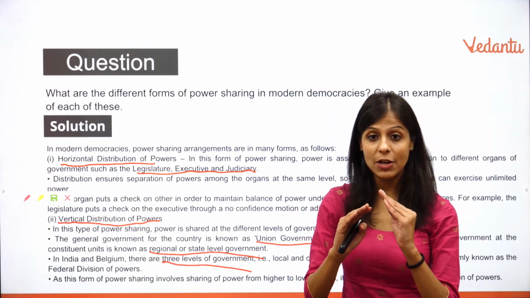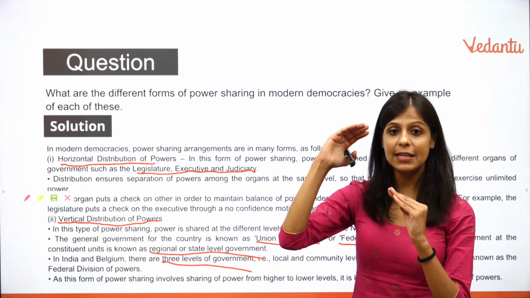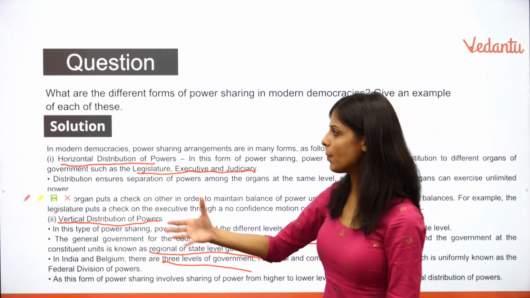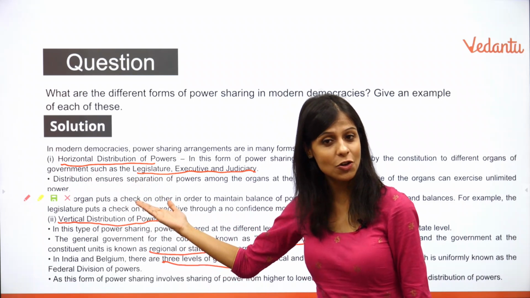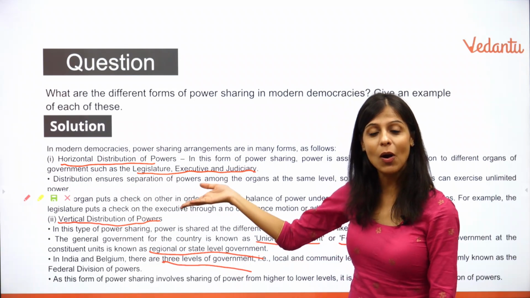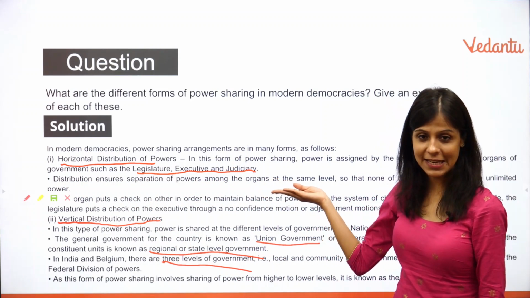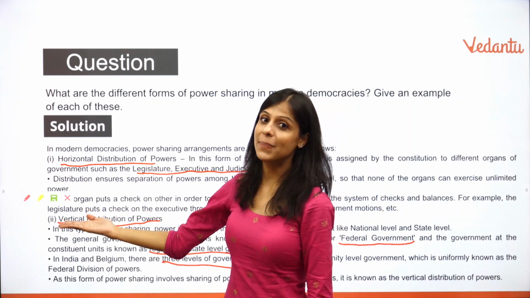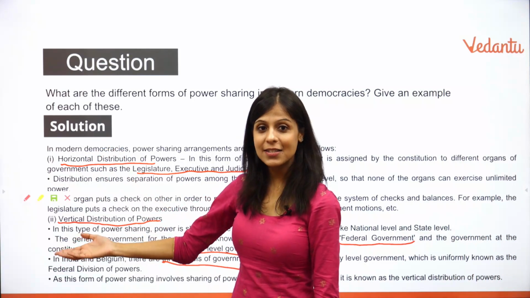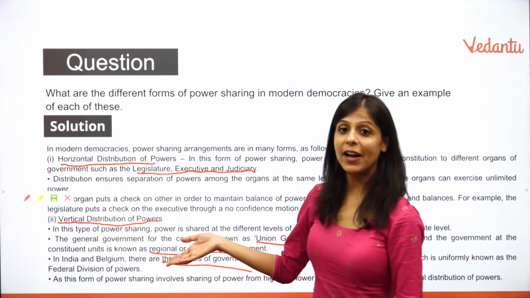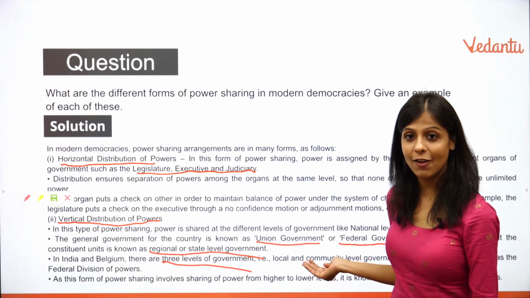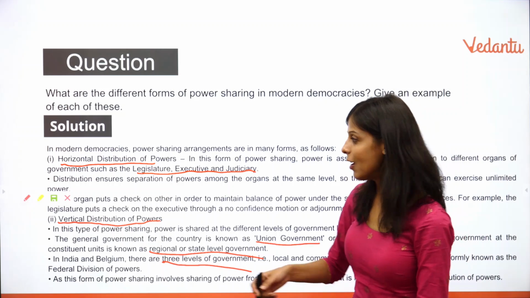You've clearly mentioned that, or maybe you can use a black pen to highlight that you're going to talk about the horizontal distribution of power, and then prefer to underline the 3 organs of the state. Similarly, you can use a black pen to start your answer and talk about vertical distribution of power, and then define that you have your union government and then you have state level government.